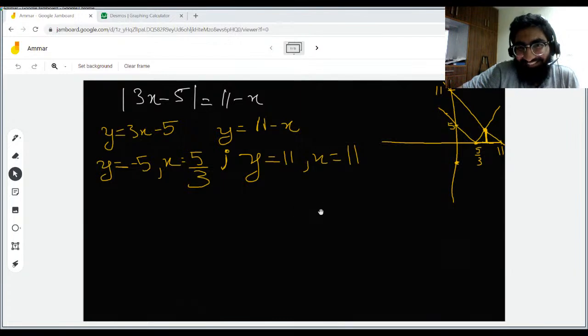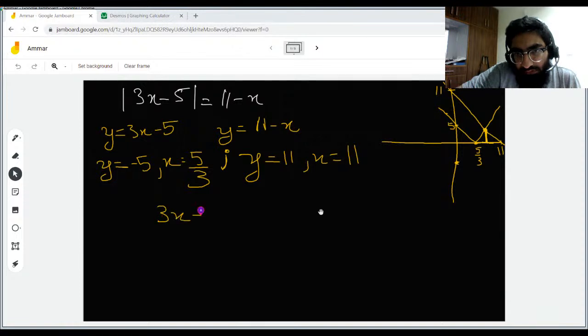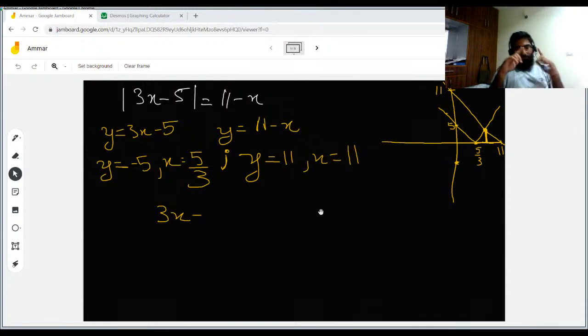So this would make it so that there's only one intersecting point, and it's on the right side, which means it's positive. We should be getting two. There would be just one intersecting point if the gradients are equal.